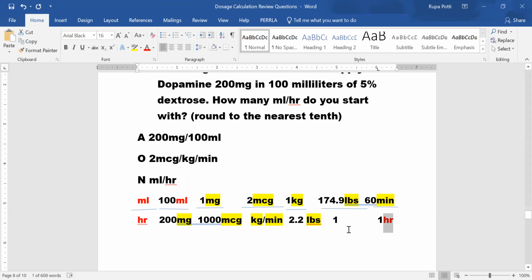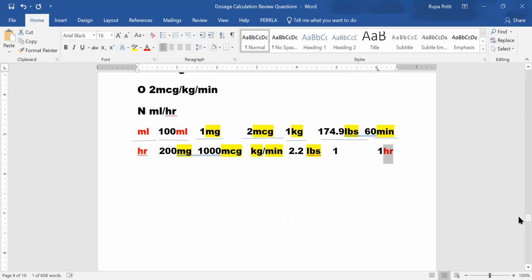Say that after you cancel the units, you have milligrams remaining in the numerator and minutes or pounds in the denominator. That means even the way that you laid your problem is not correct, right? So now you have ml per hour remaining. So that is great, right? So your problem is correct.